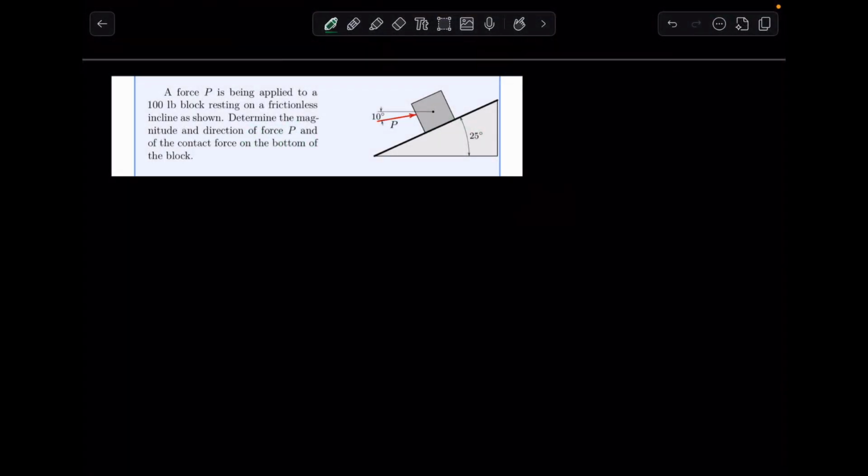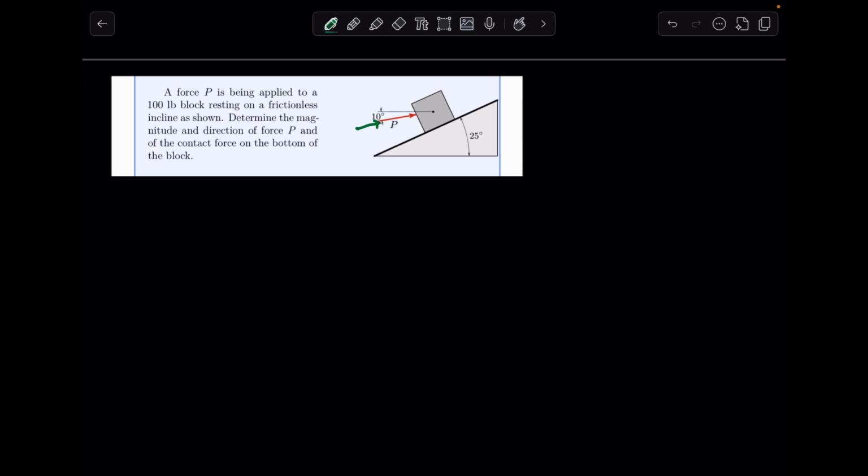Okay, let's go over another problem right here, our second problem. So the problem reads like this. A force P is being applied to a 100-pound block resting on the frictionless incline as shown. Determine the magnitude and direction of force P and the contact force on the bottom of the block. Okay, so we have this block and it's being acted on by this force P. Again, this is a statics problem.